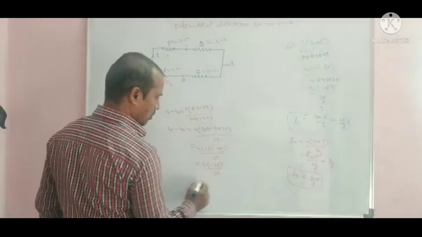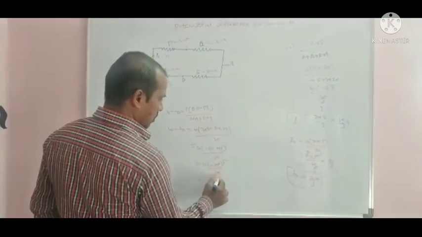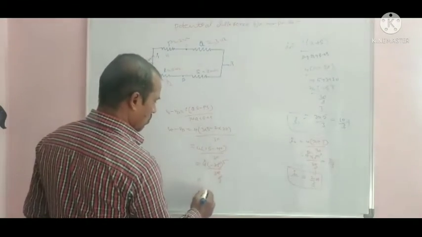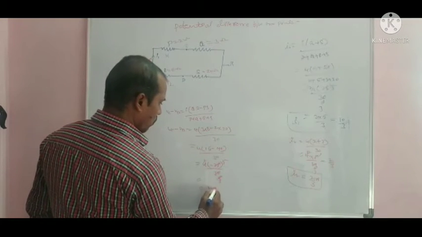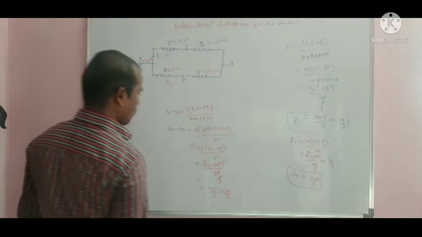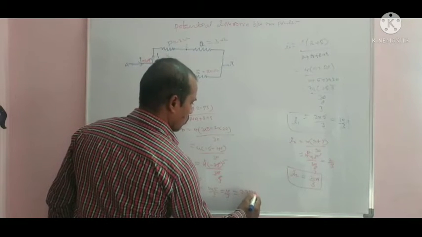By 30. 5 fives are 25, 5 sixes are 30, so 2 into 5 by 3, that is equal to 10 by 3 volt, which is 3.33 volt.